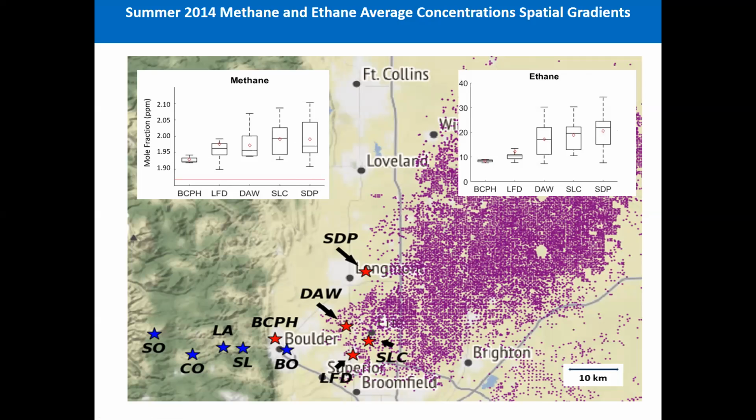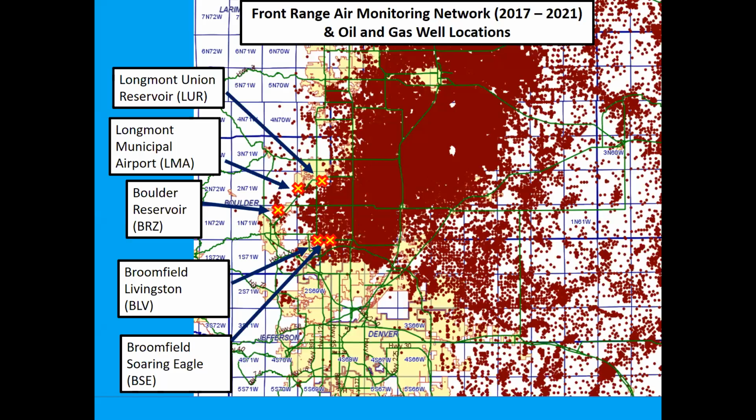So that clearly showed that the more you head into the oil and gas area, the more of these oil and gas petroleum hydrocarbons you're seeing in the atmosphere. And that then triggered more follow-up monitoring. And there were really some red flags that were raised in these earlier studies.